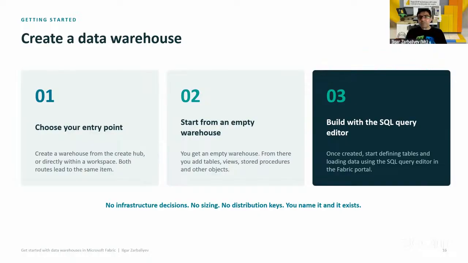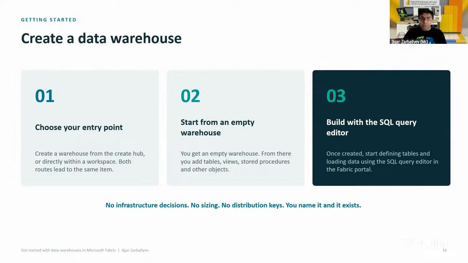You then get an empty warehouse. From there, you add tables, views, stored procedures, and other objects. And once your warehouse exists, you can start creating tables and loading data using the SQL query editor right in the Fabric portal. No client tool needed to get going, although you can absolutely connect SSMS or Azure Data Studio if you prefer.